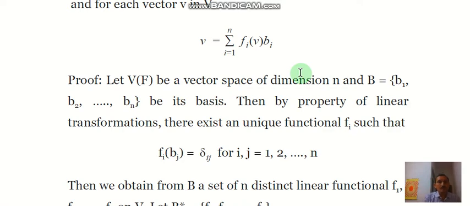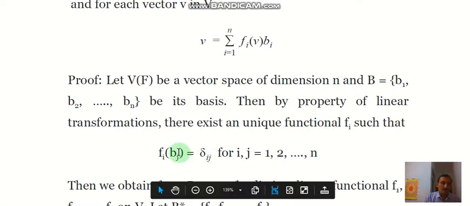Let V(F) be a vector space of dimension n and B = {b1, b2, ..., bn} be its basis. Then by the property of linear transformation there exists a unique functional fi for each bj such that fi(bj) = delta ij for i, j varying from 1 to n.